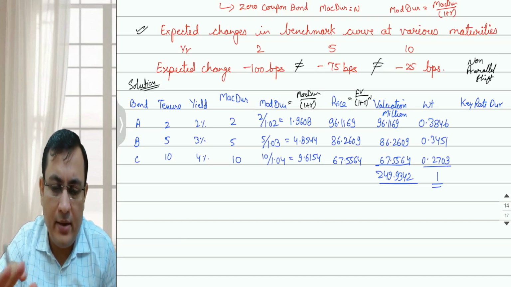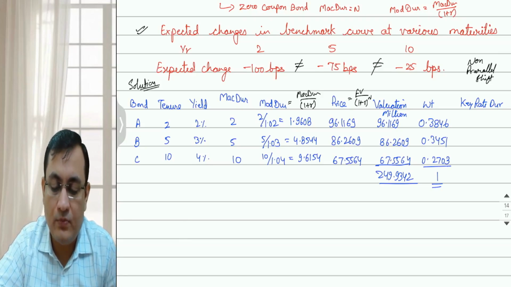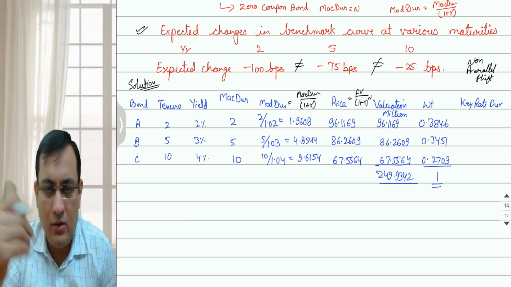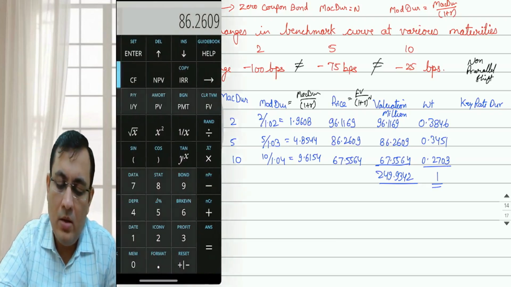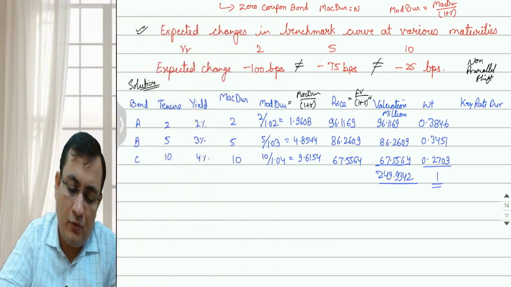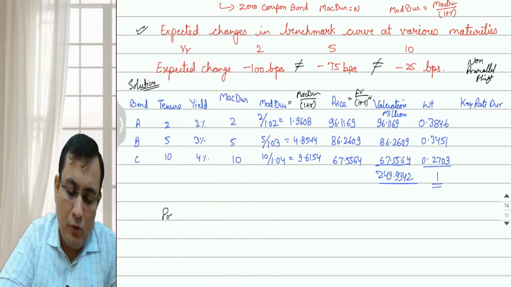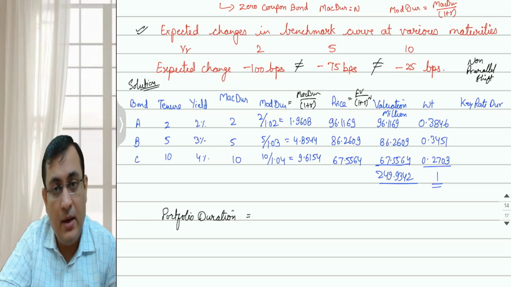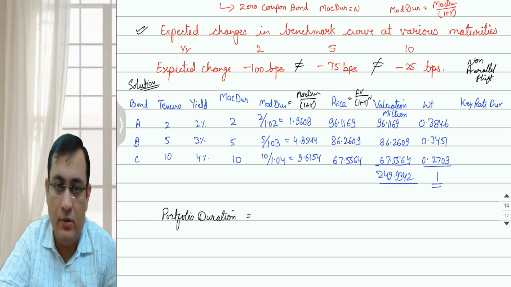Now I have already calculated the weights also. How to calculate weights? Weight is the value of the individual bond divided by the overall value of the portfolio. Now how to calculate, first of all, the bond portfolio duration? Portfolio duration is equal to the sum of weight into respective duration.